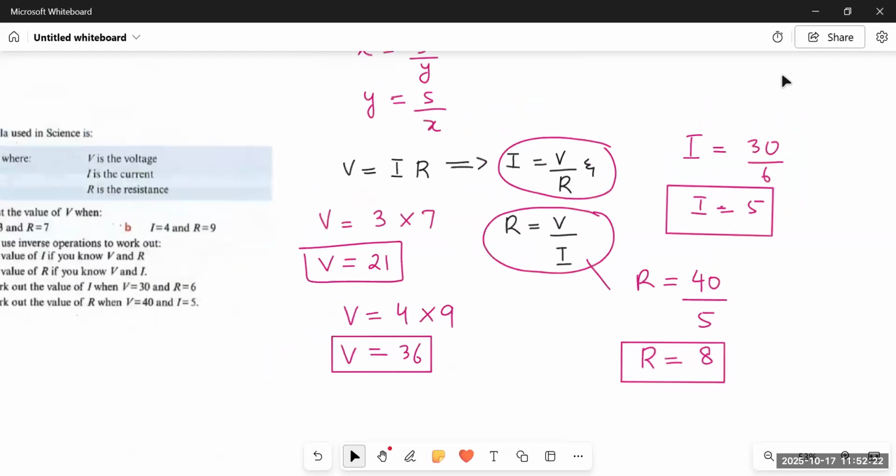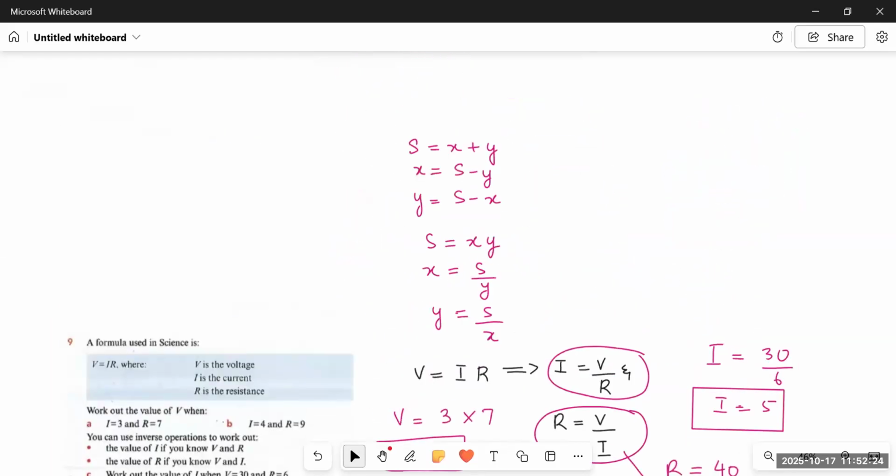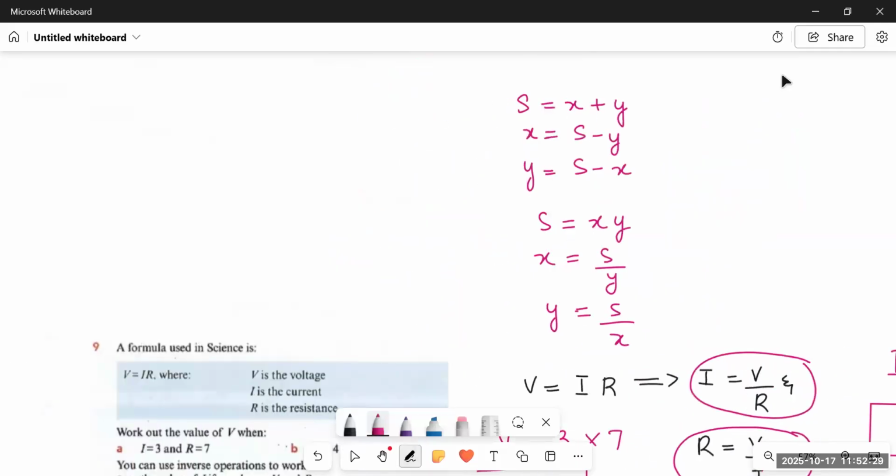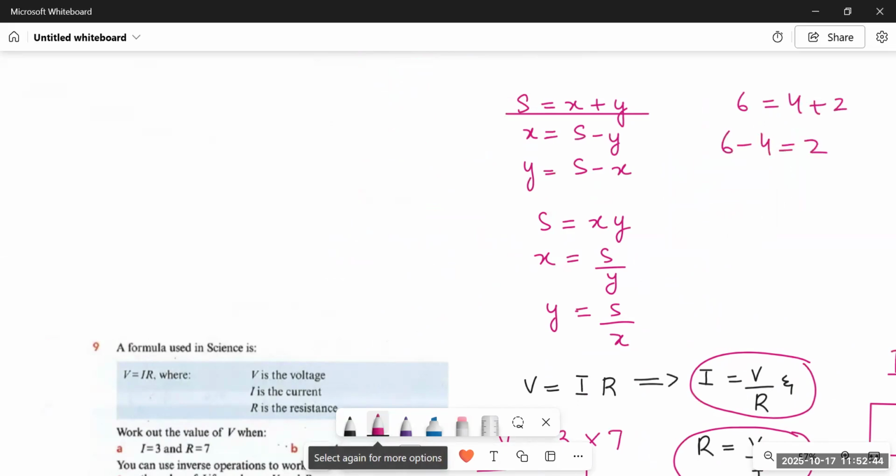So what did we learn from here? We learned that we can use the inverse of the formulas. If S is equal to X plus Y, like if 6 is equal to 4 plus 2, then 6 minus 4 is equal to 2 and 6 minus 2 is equal to 4.